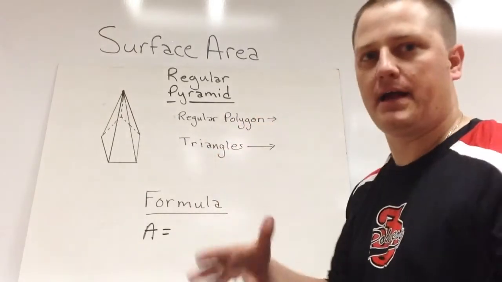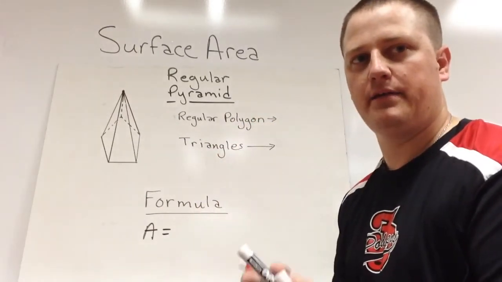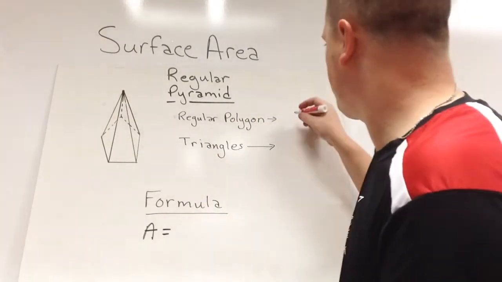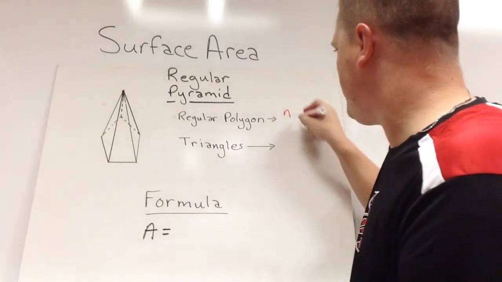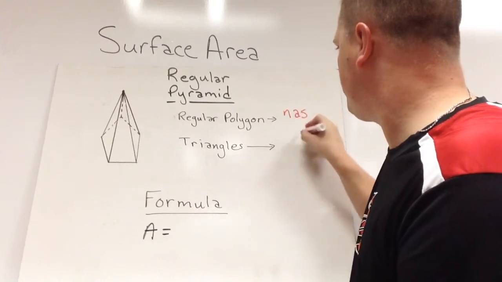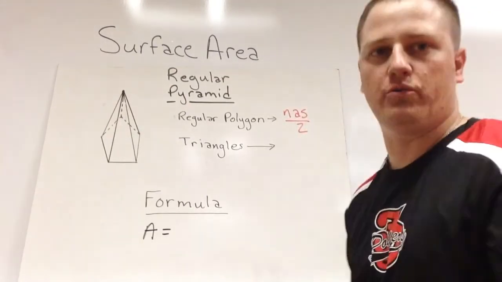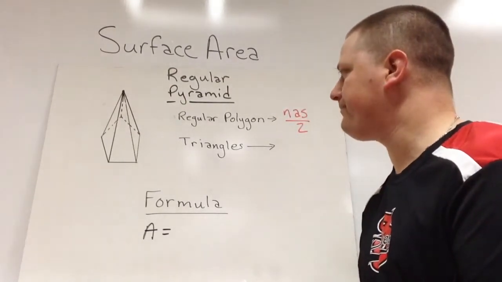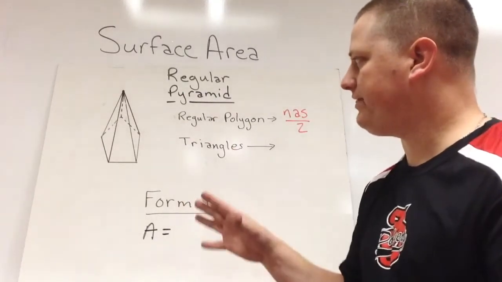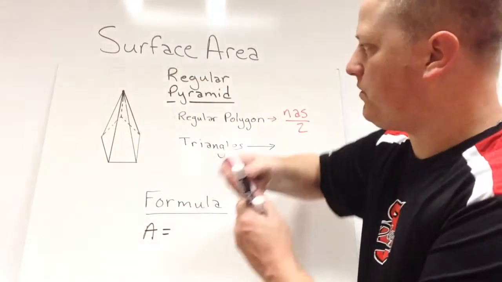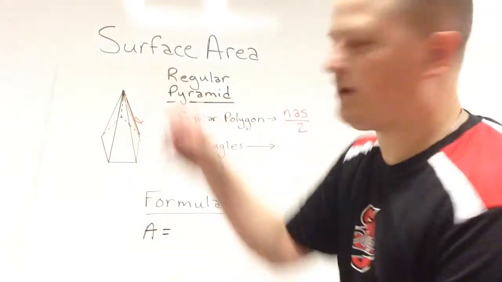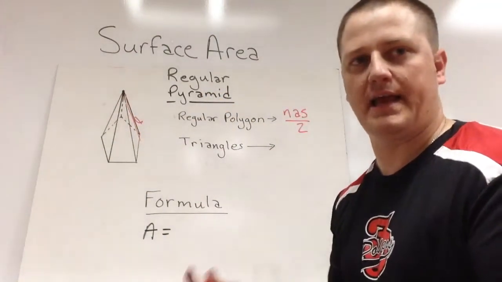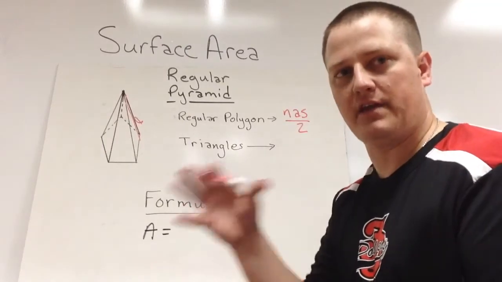For the regular polygon base, we just use our regular polygon formula: number of sides times the apothem times the side length over 2. That was one of them that we came up with. Then we've got the triangle. Now with this triangle, the height isn't important. Again, it's our slant height, which we're going to call L for slant.